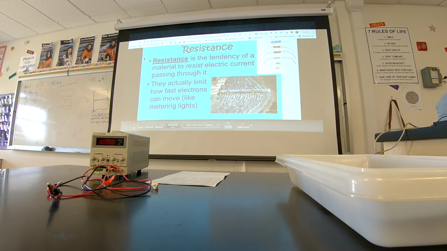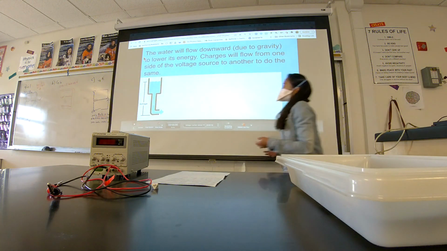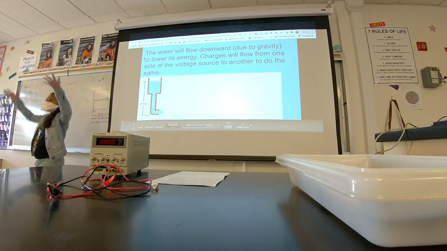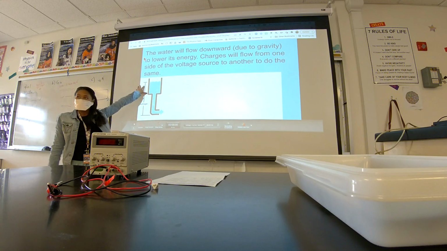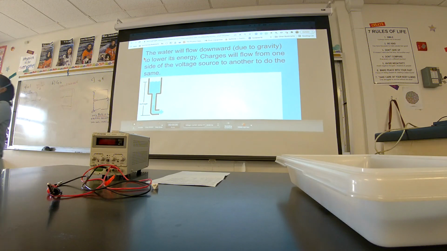Another analogy, and I'm going to provide these slides to you, so if I'm going too fast, you can always access these later. But another analogy I like to use is water pipes. First of all, I like this analogy of a water tank above the ground because you can think of voltage as storage for energy.